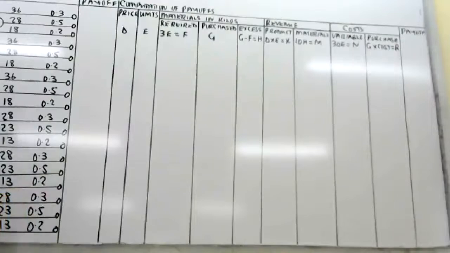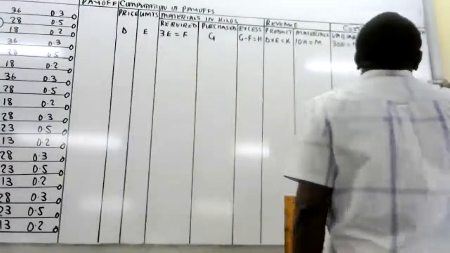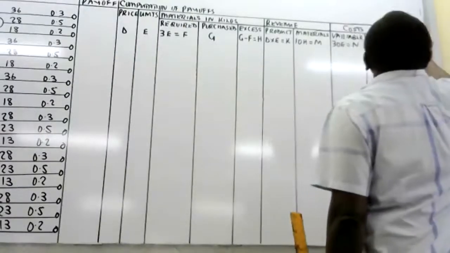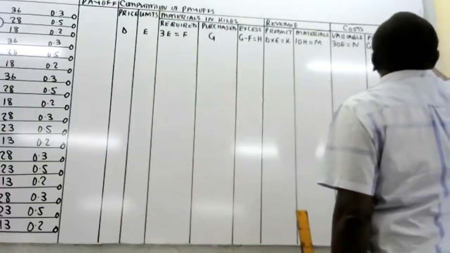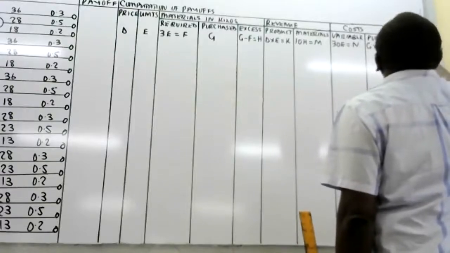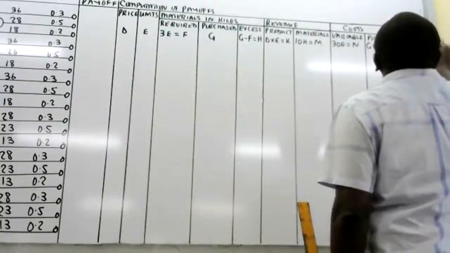You can call it R. Now the payoff will be arrived at easily. It will be K plus M minus N minus R.